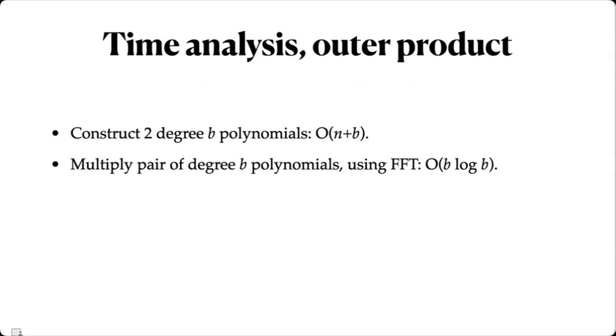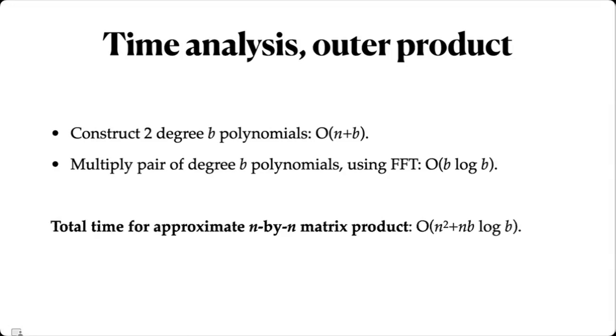So instead of multiplying these polynomials directly, we apply convolution using fast Fourier transform, and this uses time b log b because we have polynomials of degree b. And in case we want to use this n times, so sketch n outer products to be able to sketch a whole matrix product, we end up with a time of n squared plus nb log b.